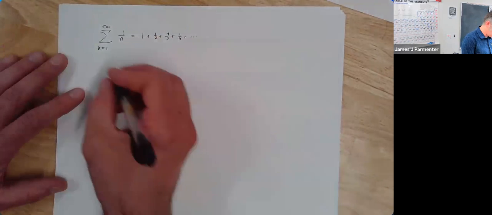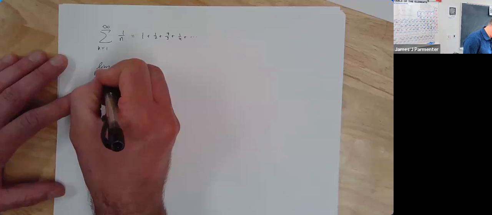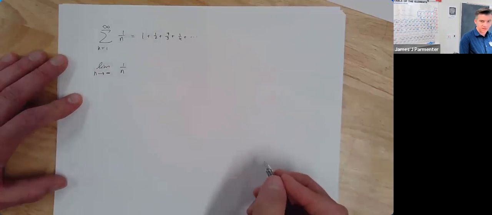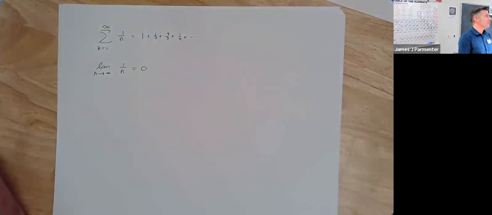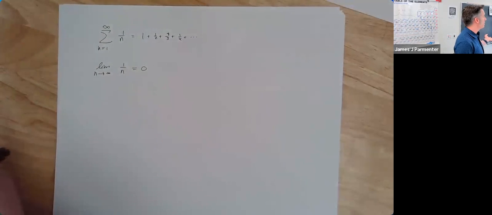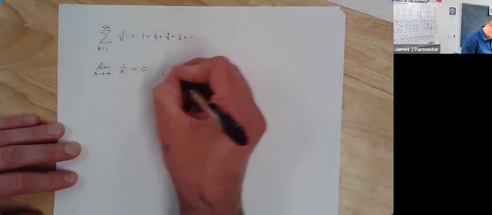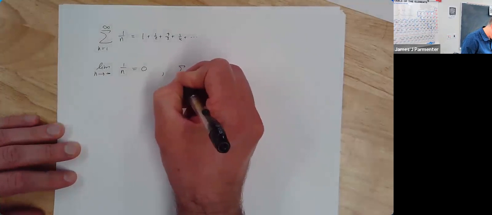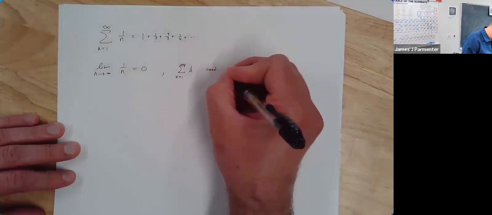And if you try to throw the nth term test at it, it doesn't give you anything. The limit as n goes to infinity of 1 over n is for sure 0. What does that mean? It means nothing. It means that the series could converge or it could diverge. So when the limit's 0, the series could do either thing.